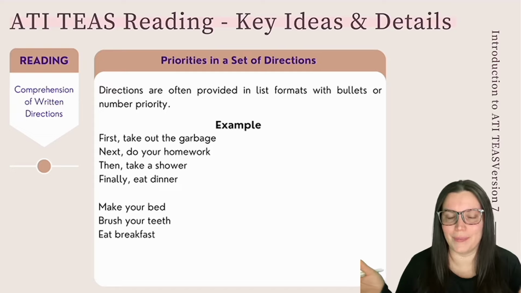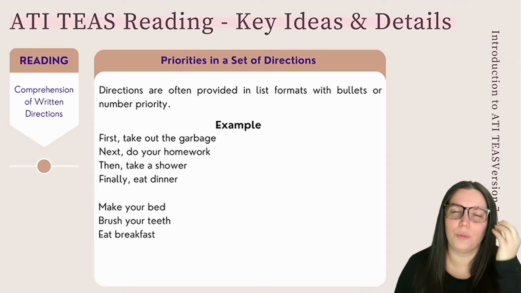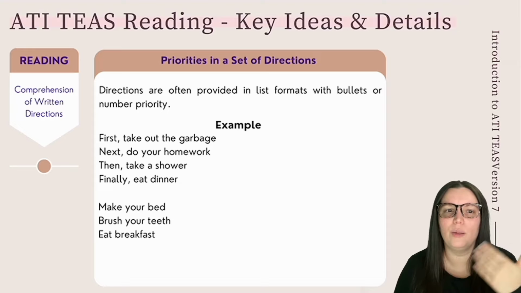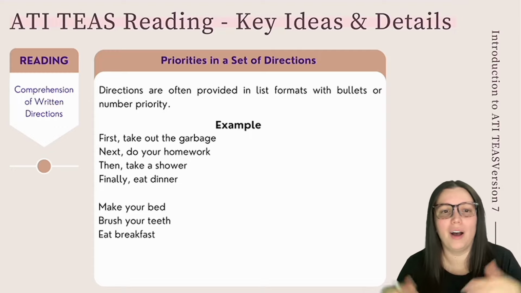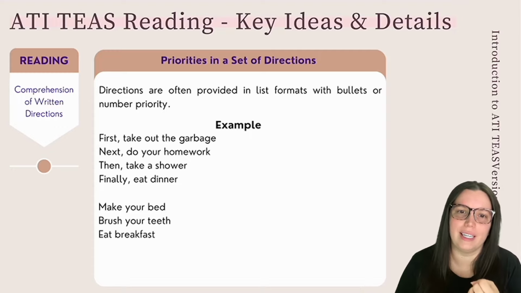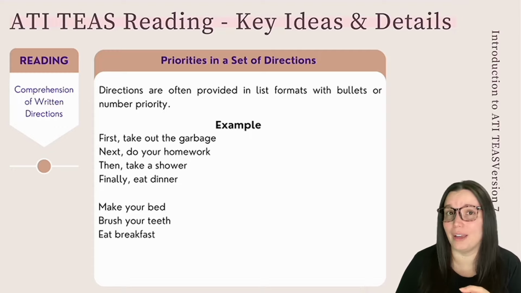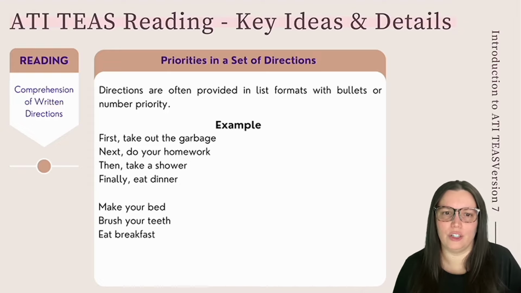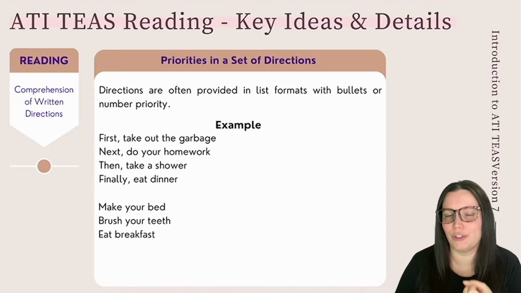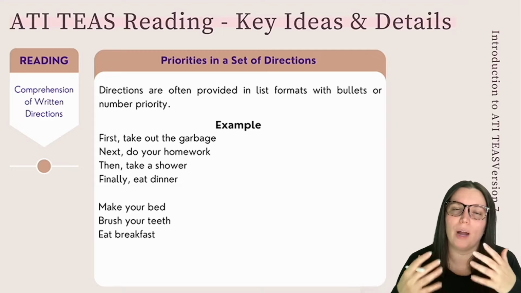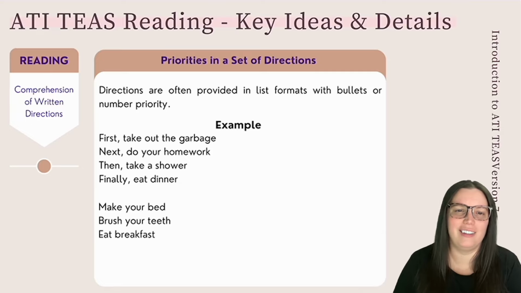No signal words, right? In this case, you have to use your best judgment to decide what the priorities are. One possible order could be to brush your teeth, eat breakfast, make your bed. Another possibility could be eat breakfast, brush your teeth, make your bed. Remember, the goal is to demonstrate your comprehension of written directions, not to follow a set of instructions perfectly.